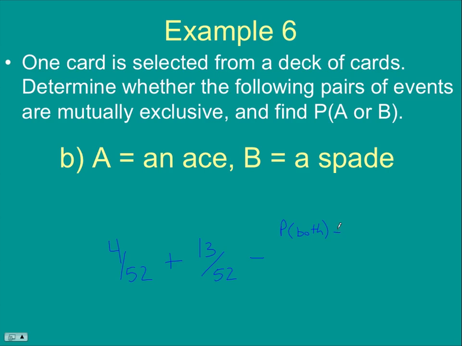So we have to think, how many aces are also spades? Well, we have the ace of spades. And so there's one card here, so the probability of both is 1 out of 52. So we need to subtract that. And so we have 4 plus 13 minus 1, which is 16 out of 52, which reduces to 4 in 13, which is 30.8%.